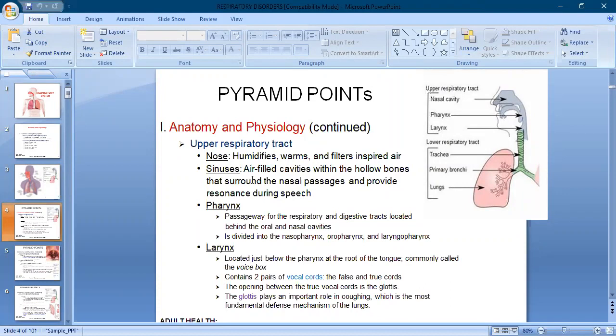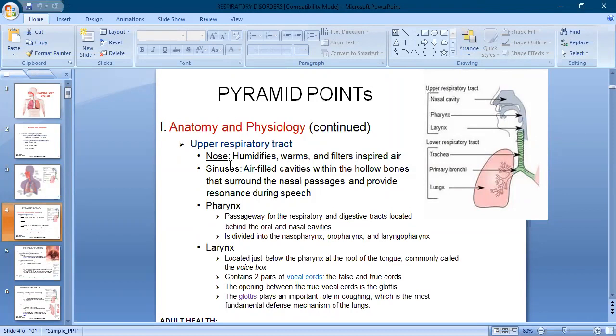If our bones were too heavy in the mouth or head, how would we carry these heavy bones? It is not heavy because of the sinus. The sinus is the area where air goes and fills up and makes our bones lighter.